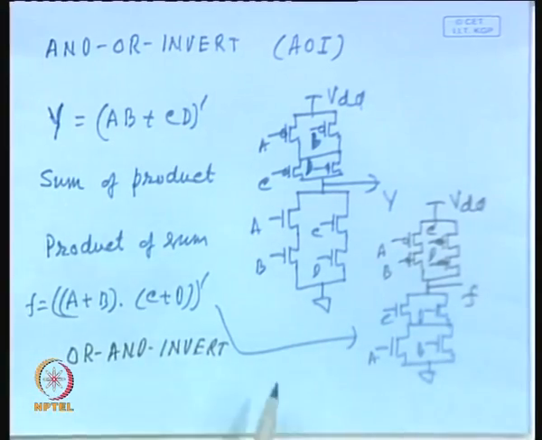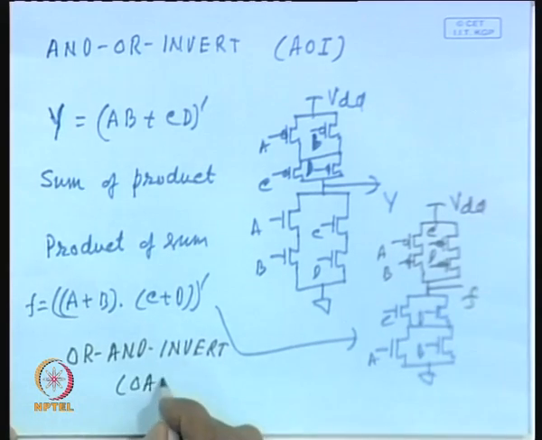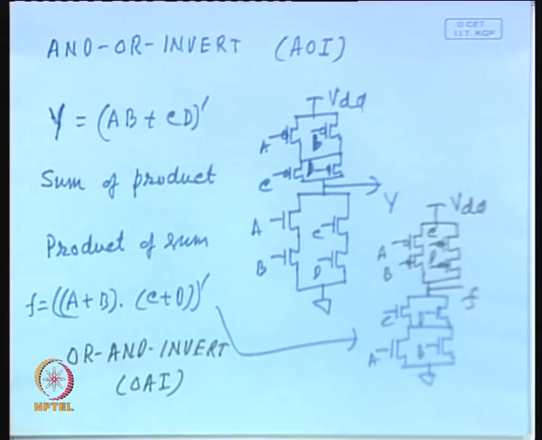You can either represent in sum of product form or product of sum form to realize the complex CMOS function using one of the two topologies, AND or invert or OR and invert. So, this is in short OAI, or OR and invert.